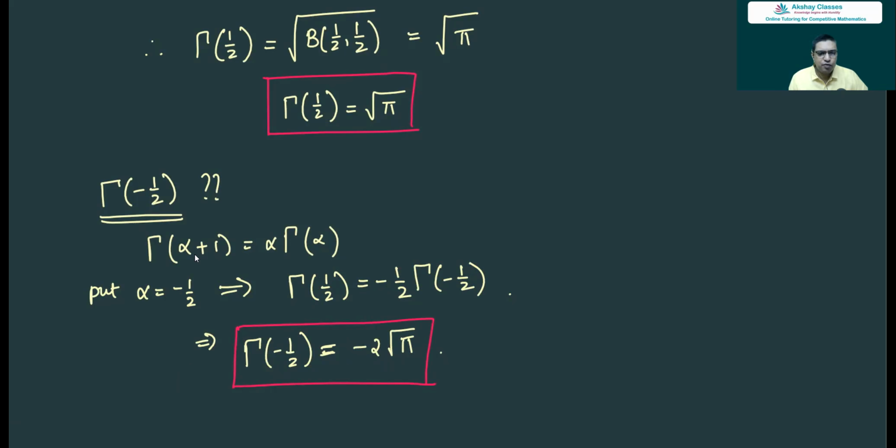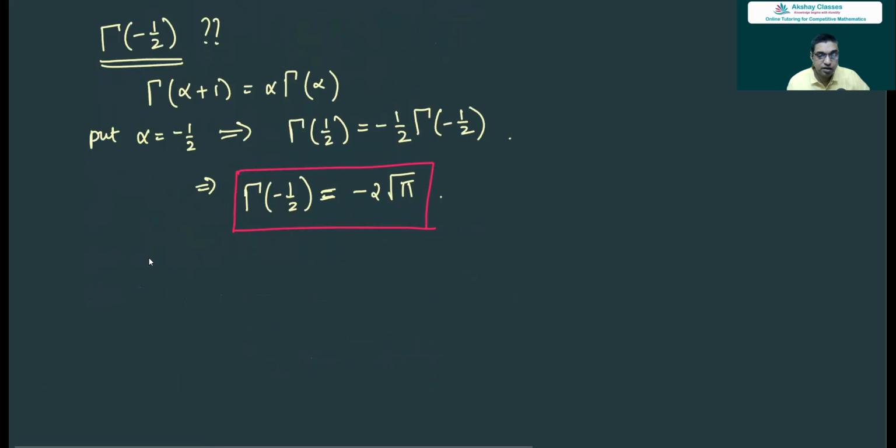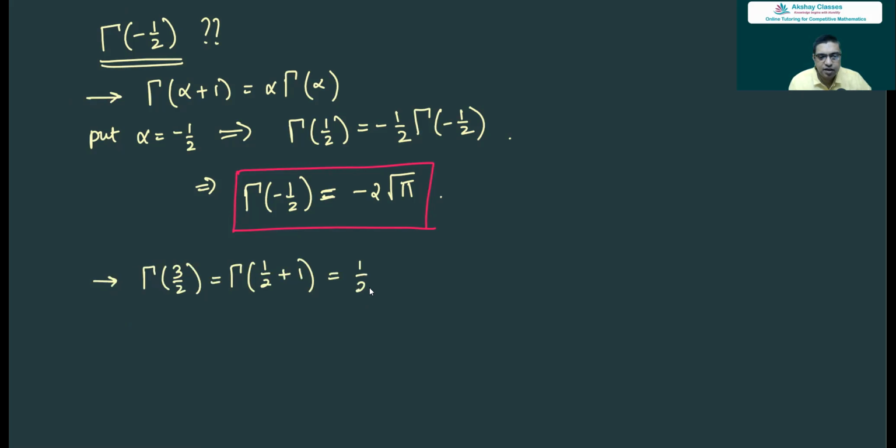And then gamma of 3 by 2, we can find out. Gamma of 3 by 2 will be gamma of half plus 1, which is, gamma of alpha plus 1 is alpha times gamma of alpha. So this is half into gamma of half, which is root pi.